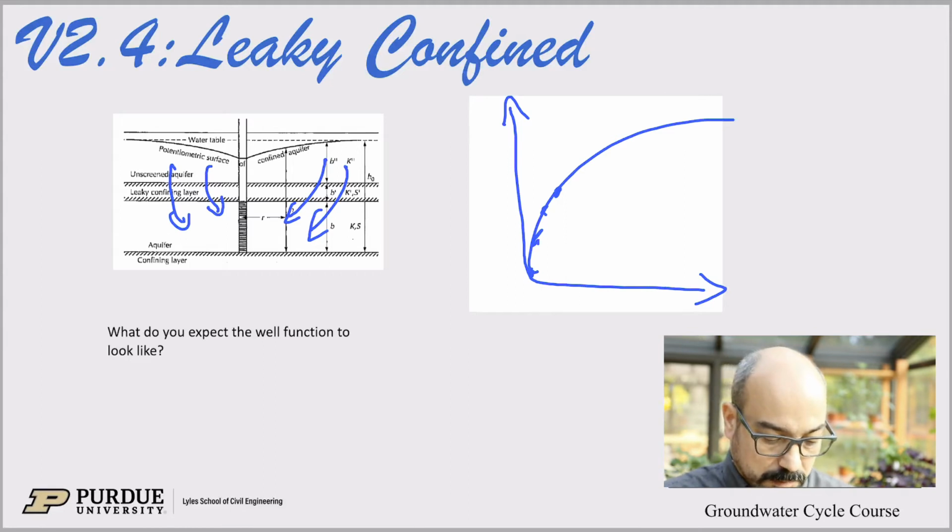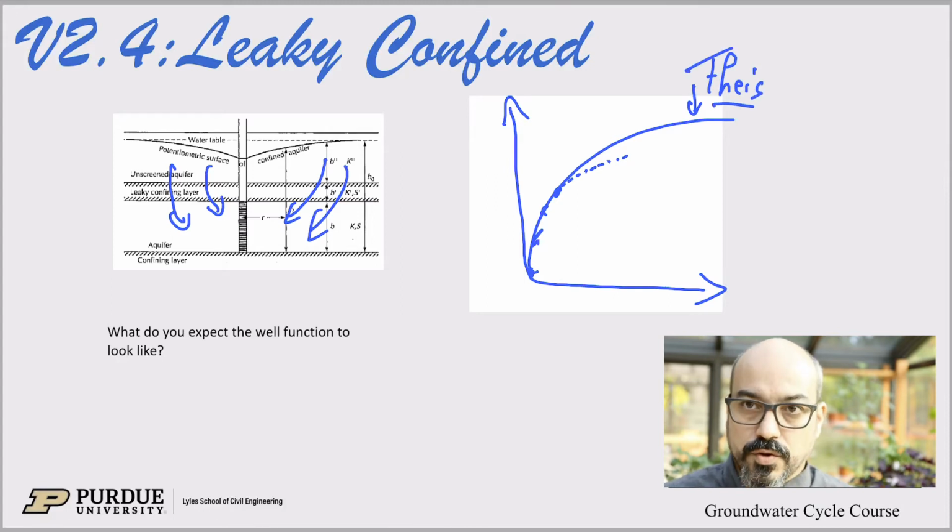What that means is that now we're starting to diverge from our Theis curve. Again, this is Theis here for a straight confined aquifer, and we start to diverge because again we have more water available. So for the same pumping, we don't drop the water in the well as fast. To the point where at some point we would expect some sort of an equilibrium, right?